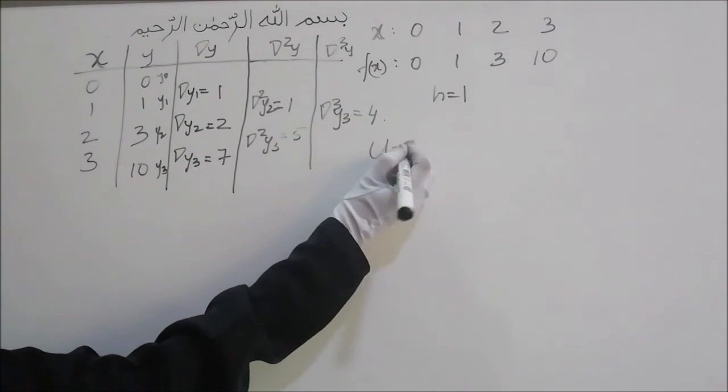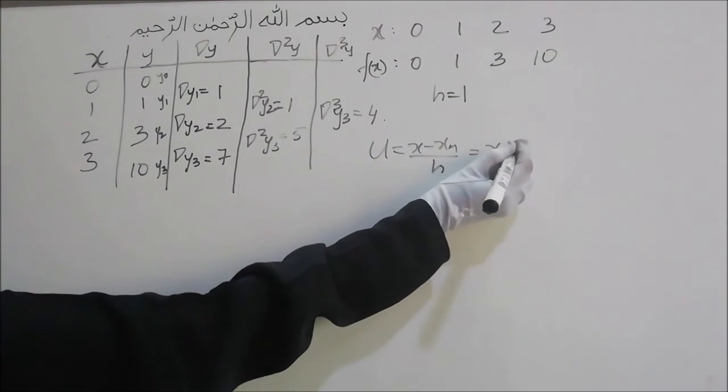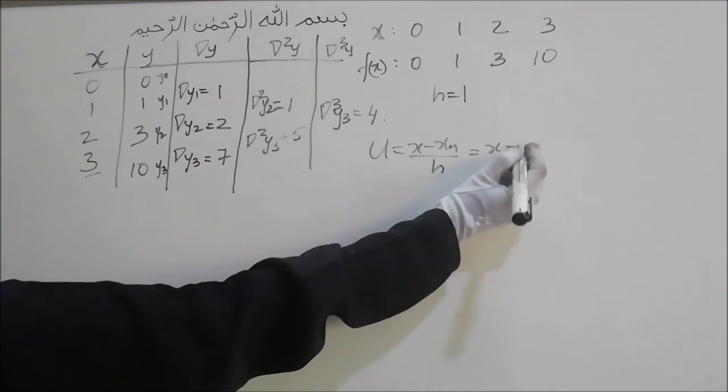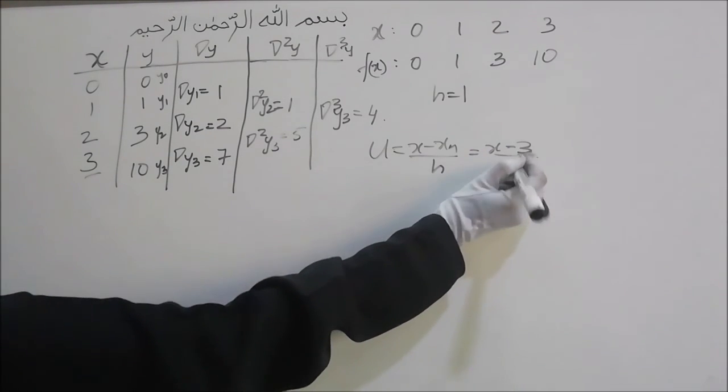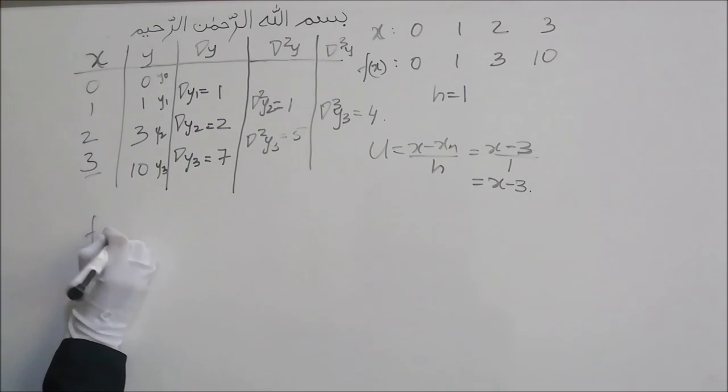Now the value of u here, x minus xn divided by h, will be x minus xn, where xn is the nth term, that is 3, divided by h, which is 1. That is nothing but x minus 3. So let's use the formula.